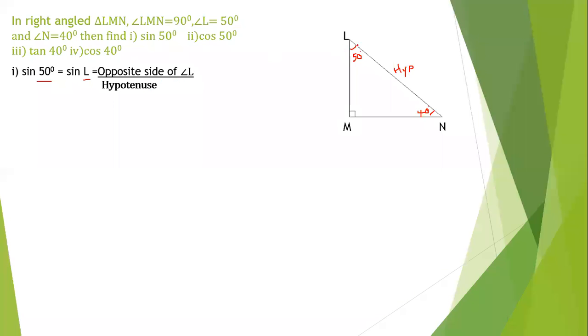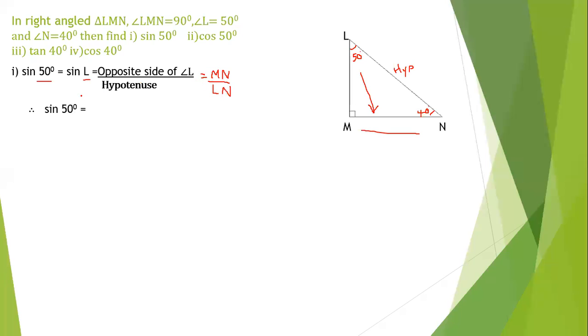Now look here, angle L. Which side is opposite to angle L? It is side MN, right? So here we will write MN upon hypotenuse. Hypotenuse we have marked earlier. It is side LN. So here we will write LN.